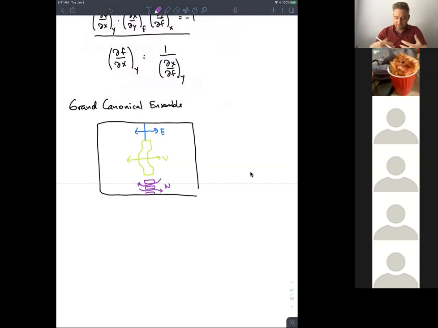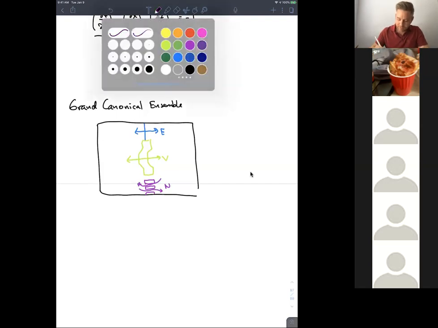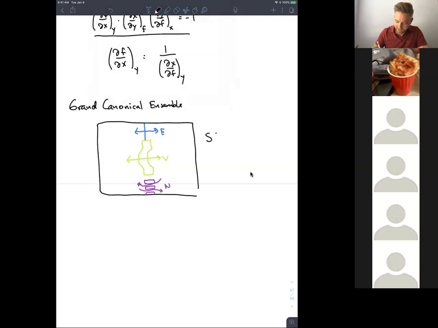Okay, and so when we allow this to happen, the entropy, rather than just being a function of the energy, is now a function of all of these variables. If we're looking for the equilibrium state of this system, we want to write our entropy in terms of all three variables and try to find where it is a maximum.